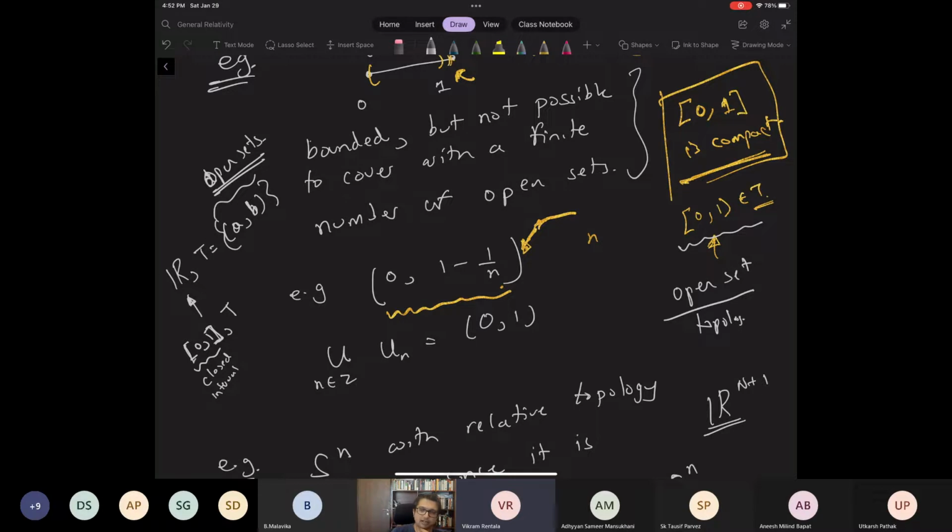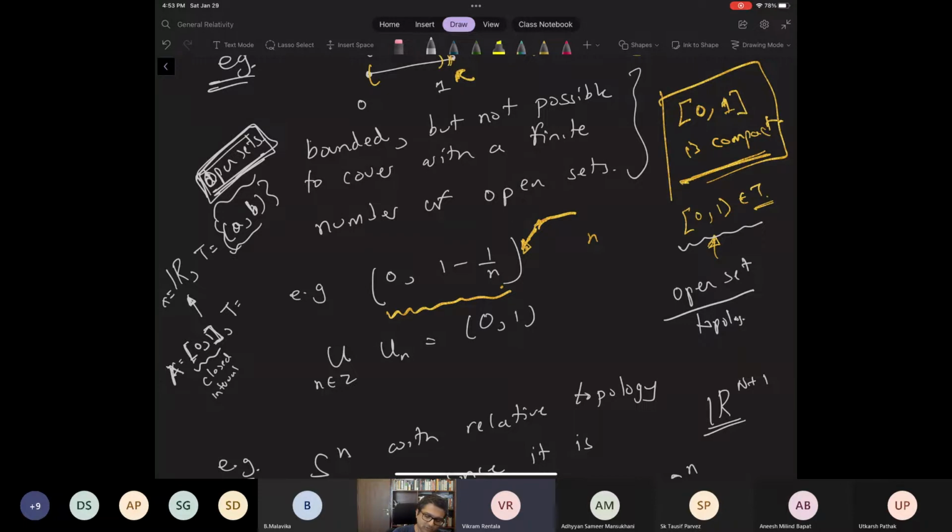How do you calculate this induced topology? The induced topology consists of all open sets. Open sets are by definition things that belong to T. It's not necessarily open intervals; in the case of the real line, it happens to be open intervals and their unions. And then from these open sets, we take their intersection with this space A.